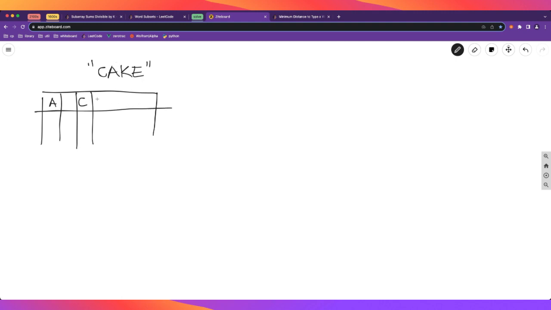So A, B, C, D, E. Yes, this is a wide column, but never mind. And K is here, right? Because A, B, C, D, E, F, G, H, I, J, K. Yeah. So these are the 4 letters that we care about in this example.